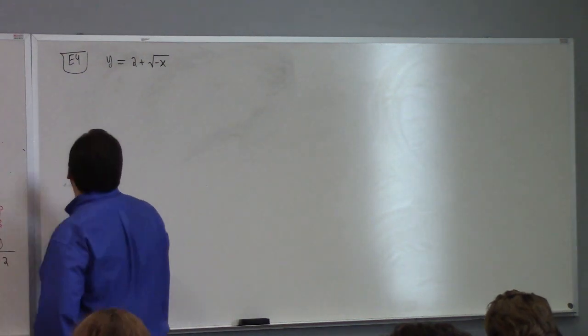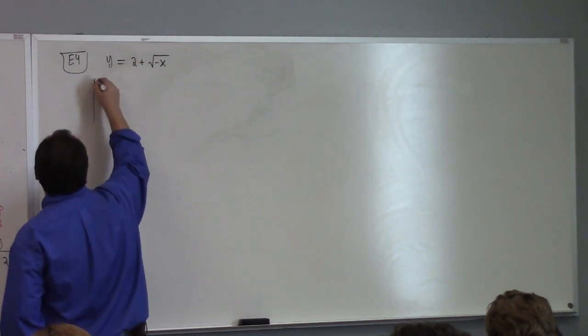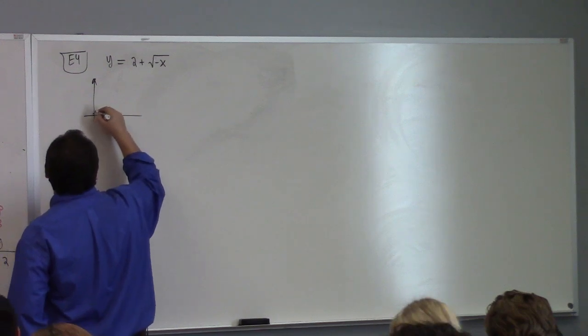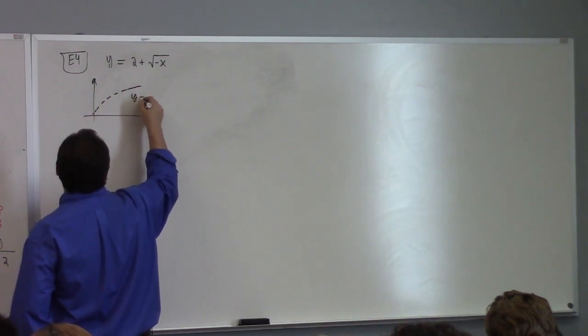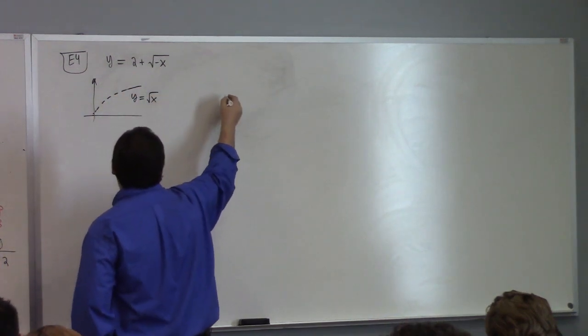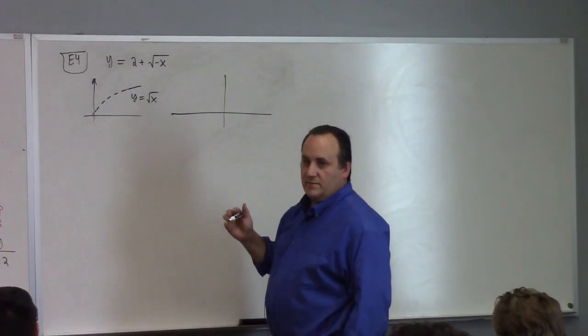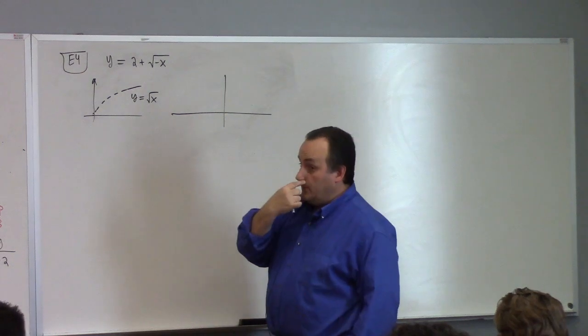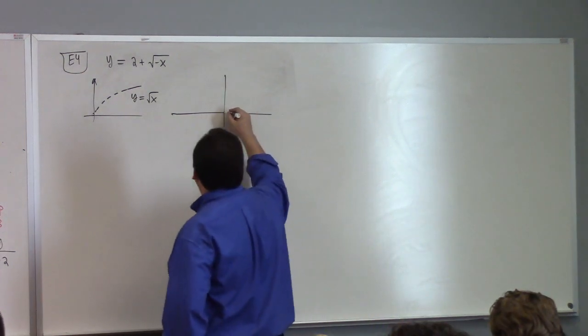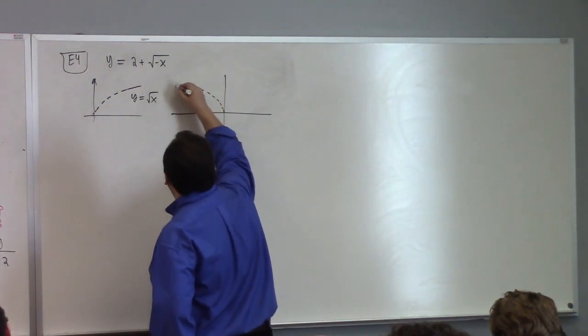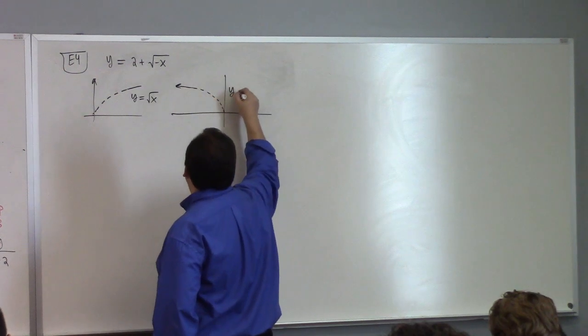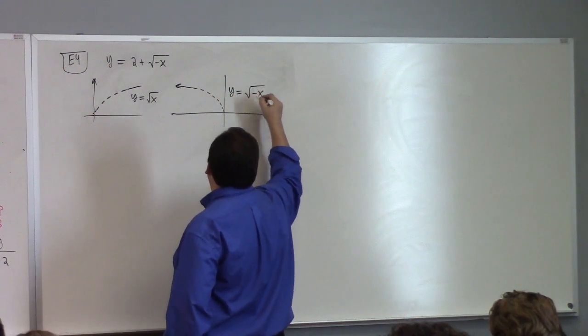All right, so here's what we're going to do. We'll start with our y equals square root of x, right? And then my next move will be to flip it over. But this time we're going to flip over the y-axis, right? So here's what y equals the square root of minus x looks like. All right?